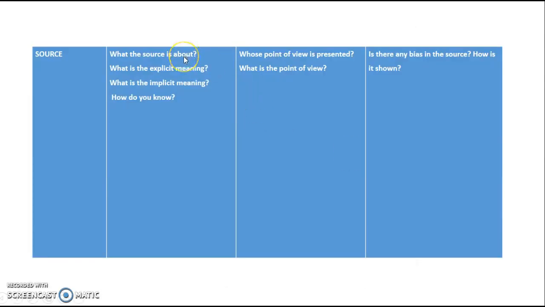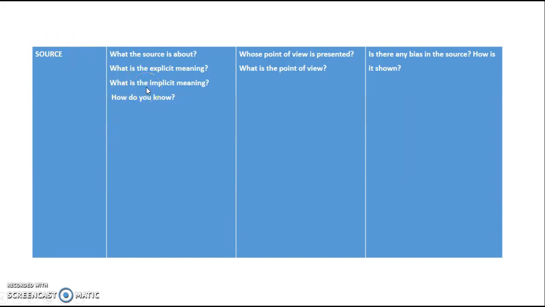So what is the source about? It's about placing children, half-caste children, in foster homes or charity homes. The explicit meaning is that these children are at risk of being outcast by society and they need taking care of.